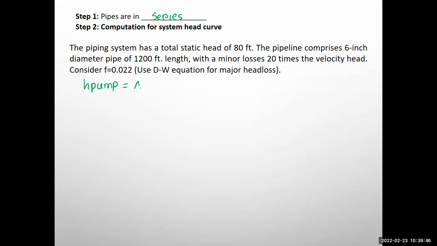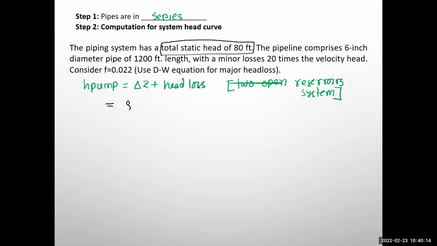Okay, so we know the equation is, since we are using two open reservoir system, that is the equation. You can develop that from the energy equation also if you want. Now for this one, what is the delta Z? And the head loss, they said that you need to consider minor losses.